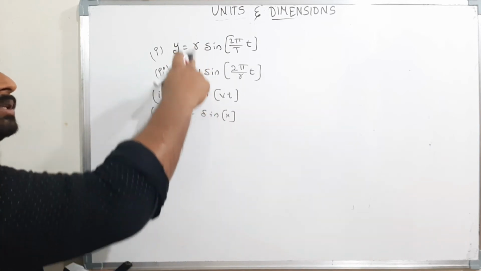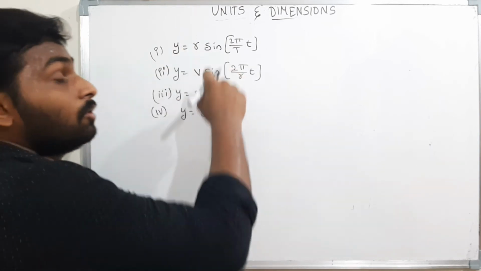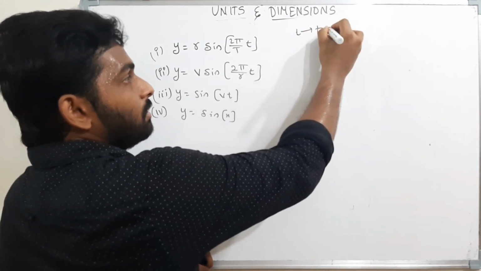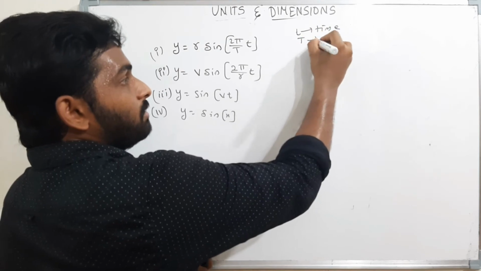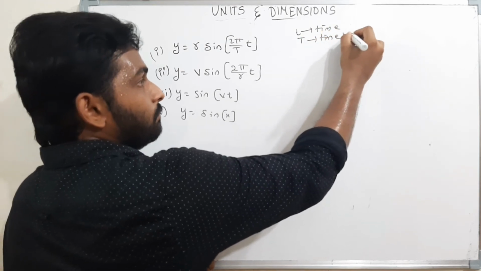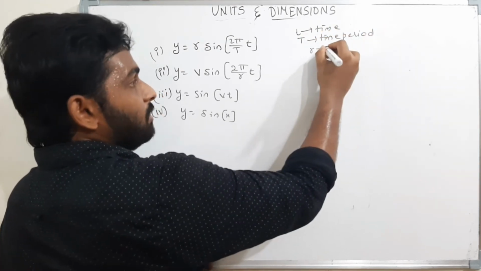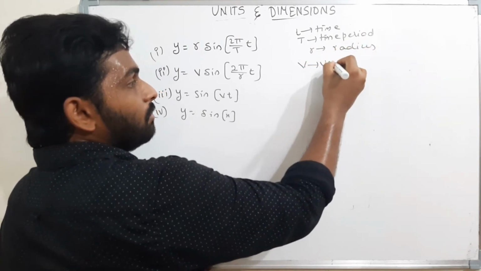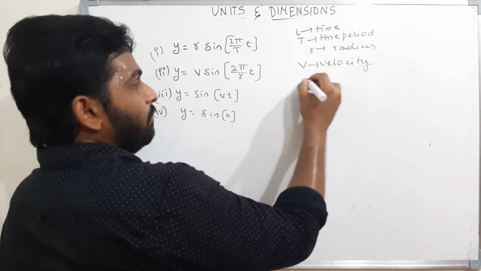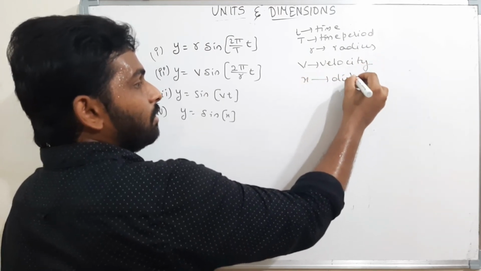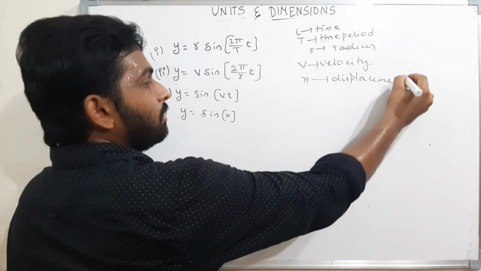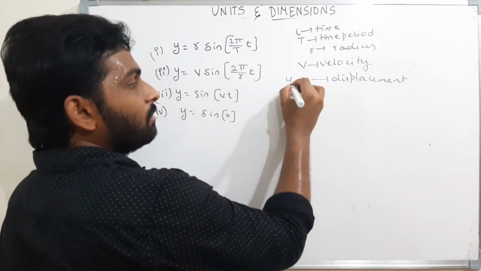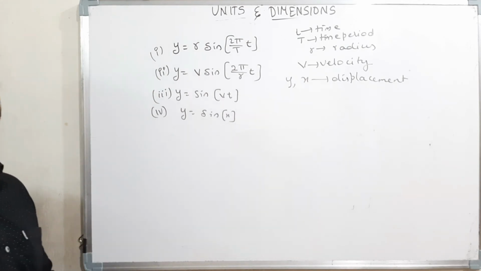Now they told us to find which of the equations is correct. They gave that t is time, capital T is the time period, R is the radius, V is the velocity, and X and Y are displacements.